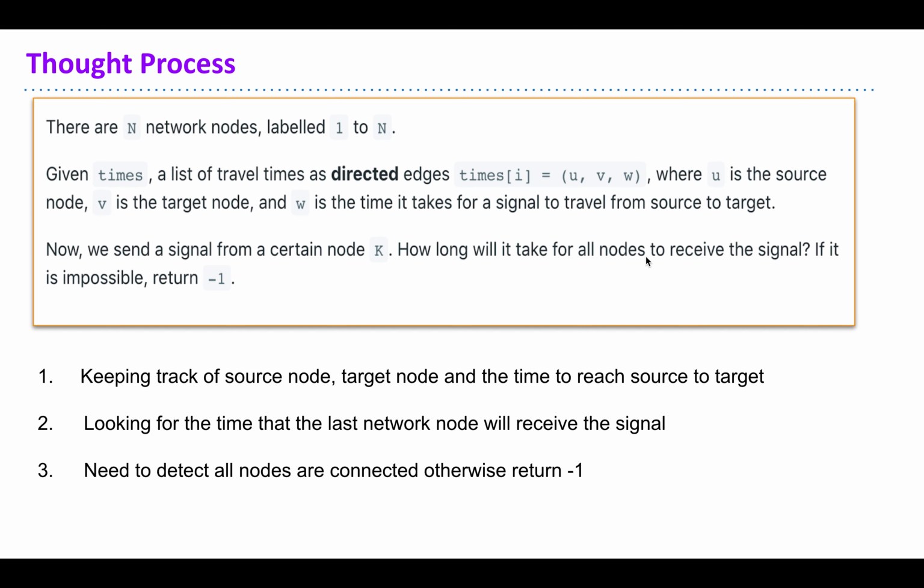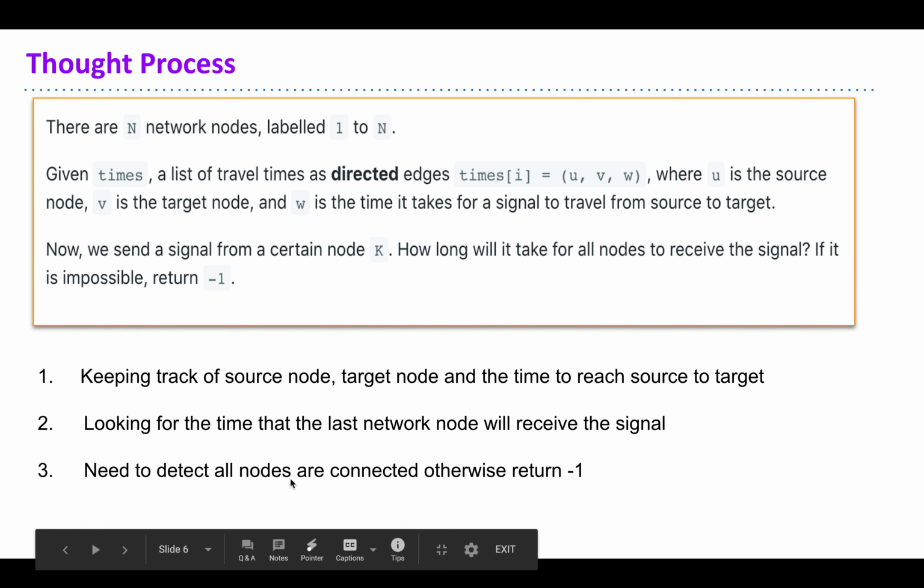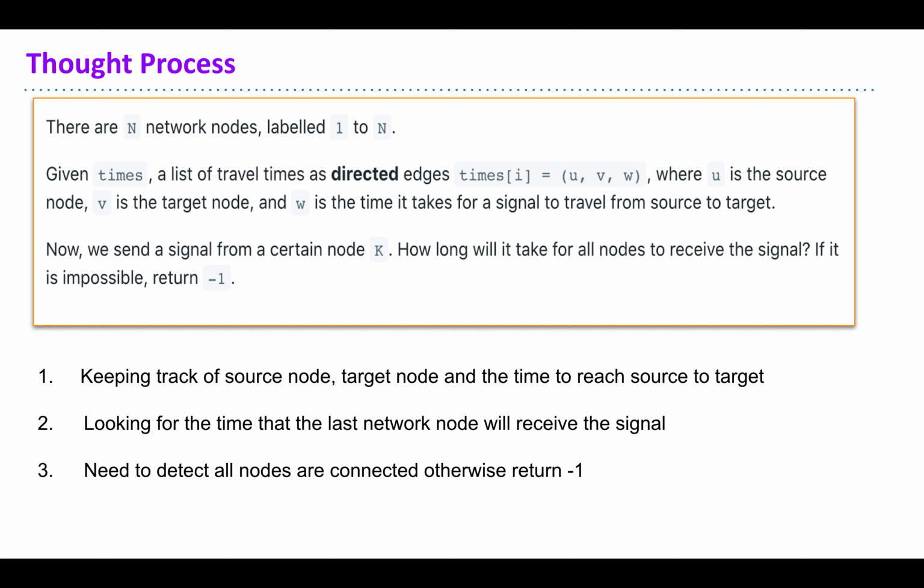So it's not just one or two, it has to be all. And it also says if it is impossible, then return -1. We are given the starting vertex as a parameter, but if from the starting vertex we cannot reach some of the nodes in our graph, then we should return -1.